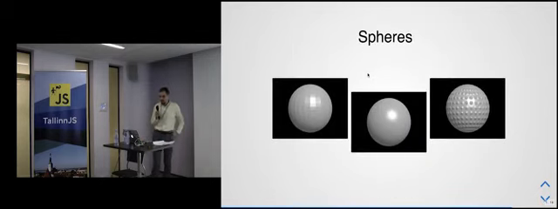So what we have in these three spheres, the difference is only the fragment shader. We have almost the same vertex shader. We didn't use colors. They have the same amount of triangles.